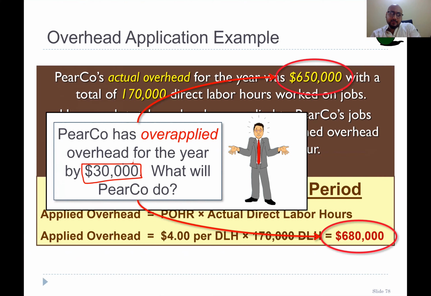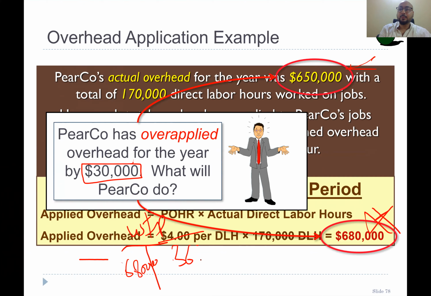We overestimated. It means this overestimation is already included in work in progress. 680,000 already added here, but actual is 650,000. So we need to remove the effect of overestimation. So we decrease 30,000 here.